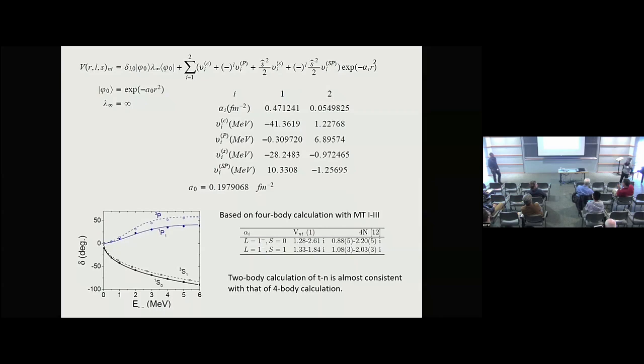We are not able to use tensor force, so we are not able to use realistic results. So we fitted something which doesn't require tensor force.